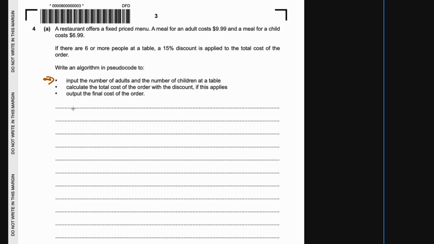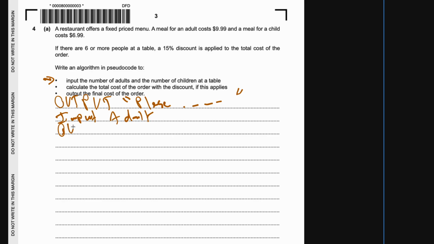So to input anything, we need to first prompt the user by outputting the message. So output please, right, enter the number of adults, and then input adult, let's name the variable adult.